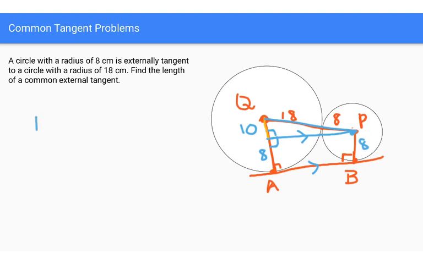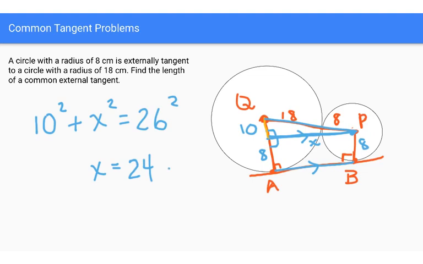So we have, in this case, 10 squared plus, we don't know this length AB, so we can call it x, x squared is going to equal 26 squared. Now you can use the Pythagorean theorem to figure out what x is going to be. x should come out to be 24, and because it's centimeters, 24 centimeters.